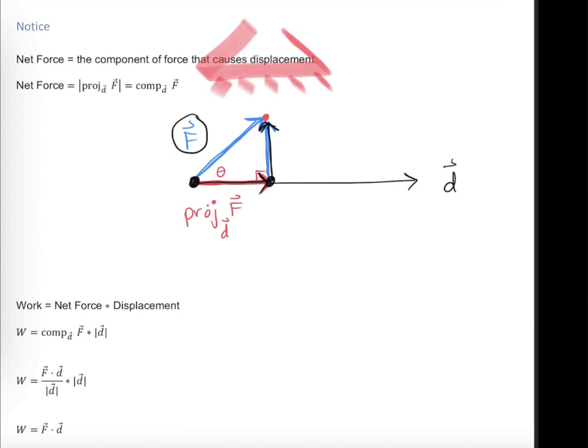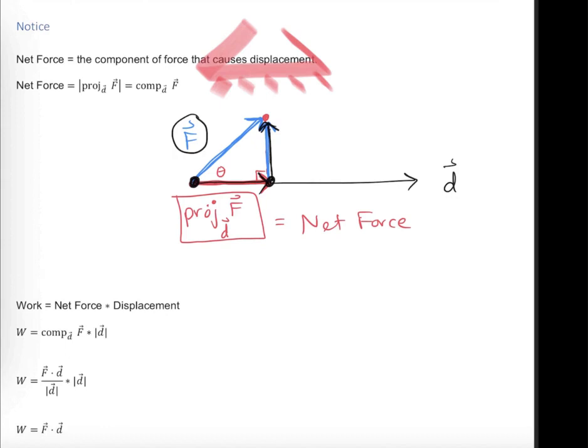Now, the projection vector, one of the vectors that F could be decomposed into, is what we're going to consider to be the net force, or essentially the component of the force vector that is moving in the same direction as the displacement. This net force, this projection vector, is the component of the force vector that is causing the displacement.